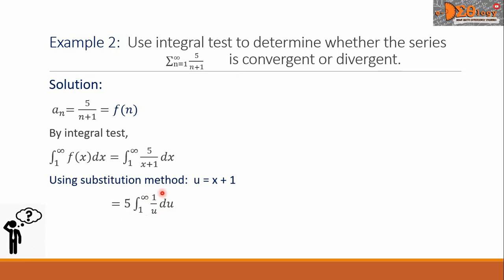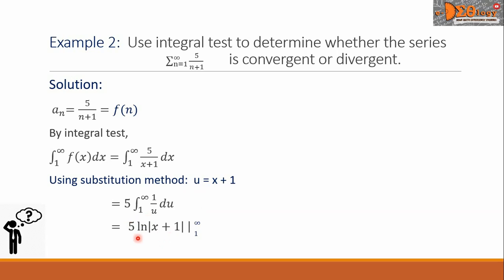We know that this 1 over u will give us the natural log value. So that will be ln of u. Then let us return the value of u in terms of x. So we have 5 times the natural log, or ln, of the absolute value of x plus 1.